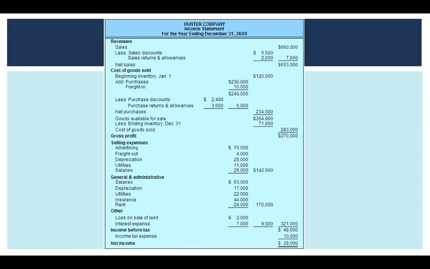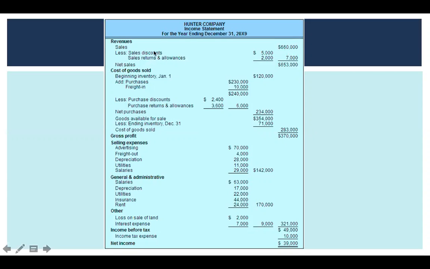This is a little bit more sophisticated look at an income statement. There are some things here that I'm going to broad brush stroke, but I just want to give you an idea of what an income statement, a little bit more sophisticated than that first one that I showed you, could look like. So here on the upper right, we have our sales. In this particular business, they bring in $660,000, it looks like, for the products that they sell.